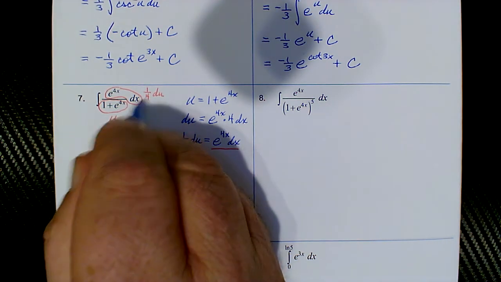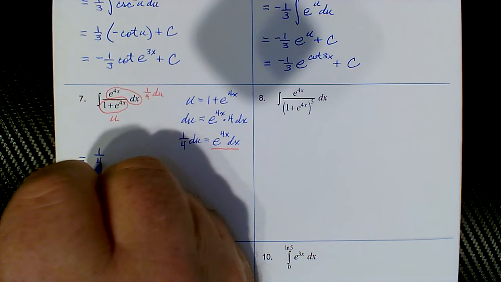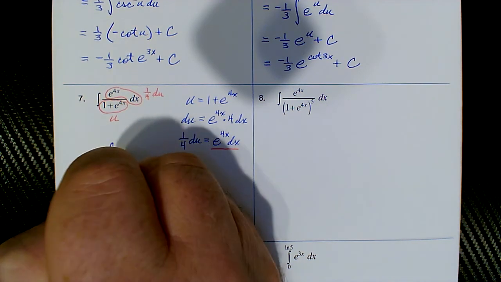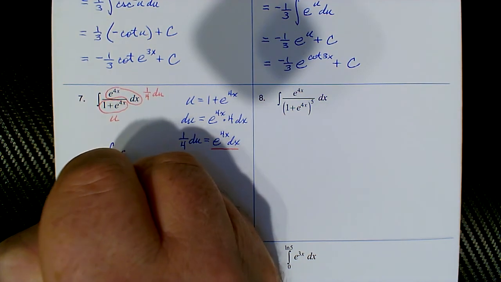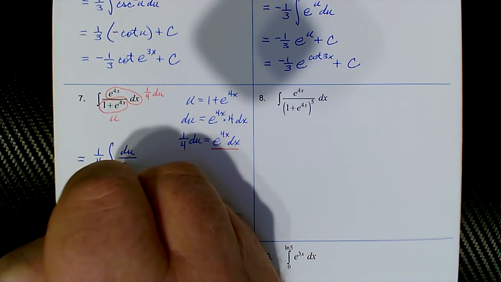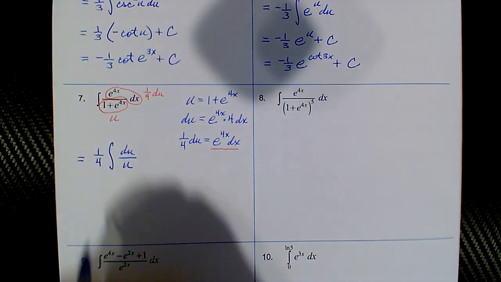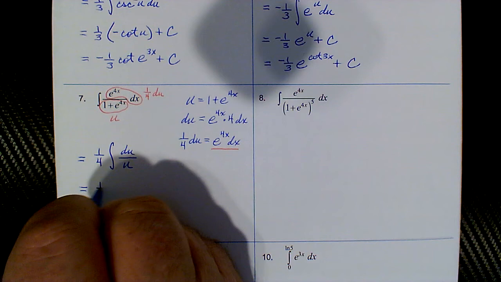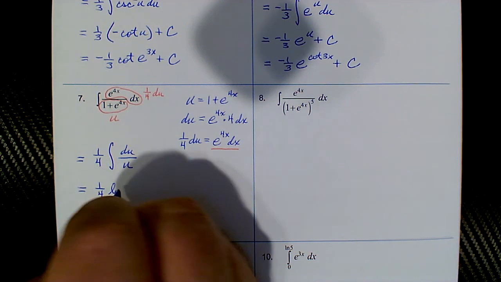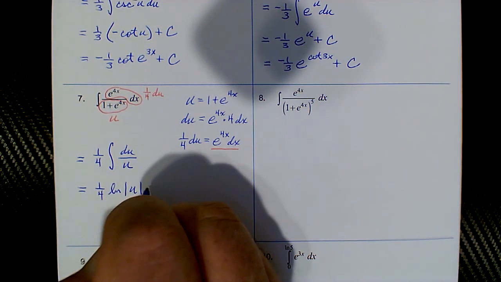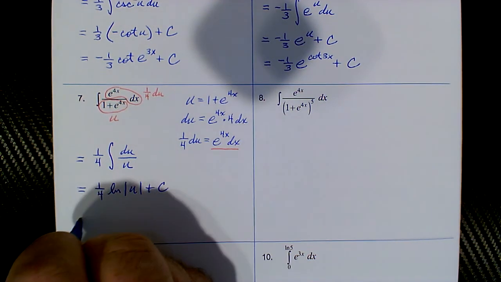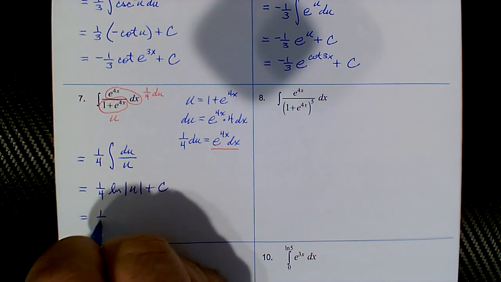So most efficiently, we'll bring out this 1/4, and upon the change of variables, we have the basic formula for the integral of du over u. And so that integrates to be the natural log of the absolute value of u, add our constant at that point, and we'll back substitute.